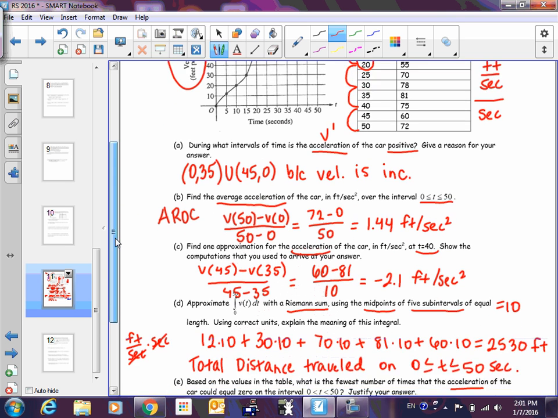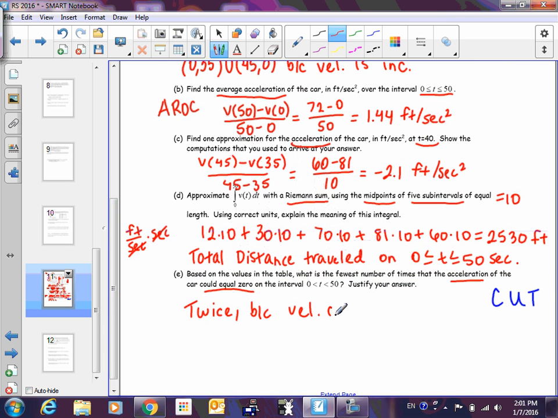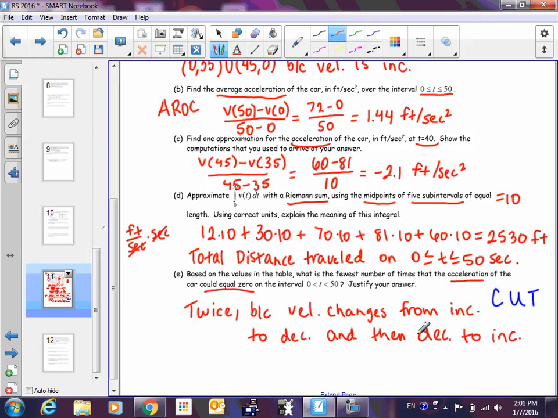Let's be a little bit more specific: velocity changes from increasing to decreasing, and then decreasing to increasing. This is one way of saying it, and this is what I think most people would come up with. It's a little wordy, but it means what you probably were looking for.